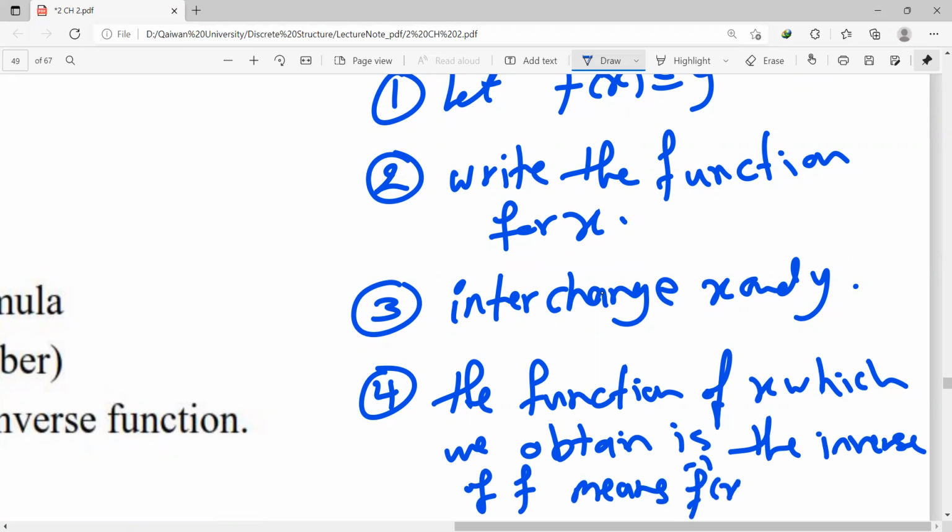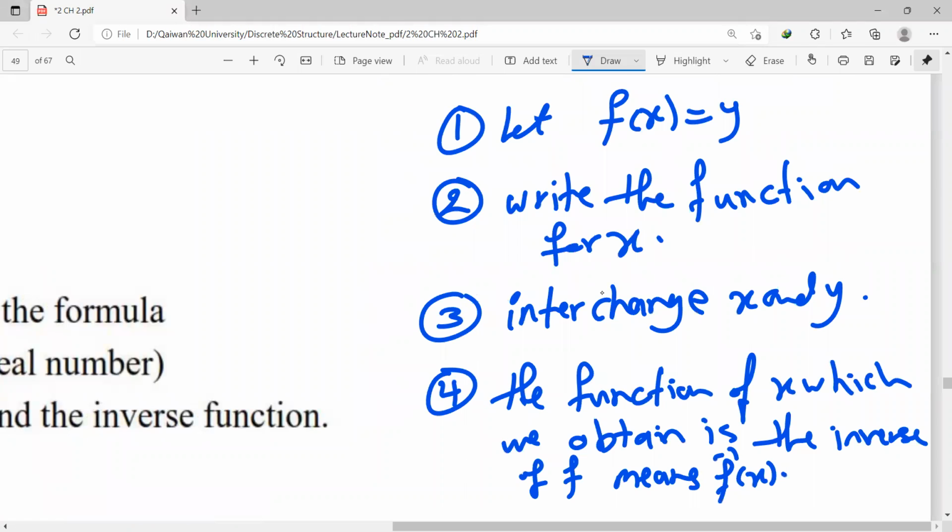Here we just follow these 4 steps for finding the inverse of any function.